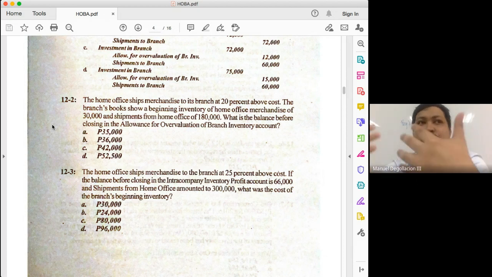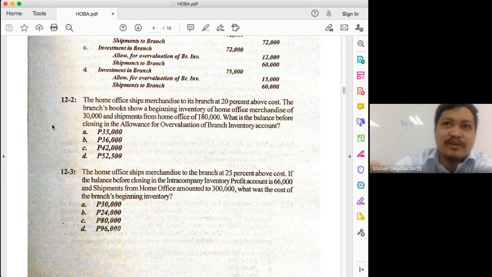You solve for your tigas. Okay, again, how do you solve for tigas? Beginning plus shipments plus purchases. But purchases would not be relevant because purchases does not have any markup. Okay? So, plus pilay beginning inventory, 30. Pilay shipments from home office, 180. So your total goods available for sale for goods coming from the home office is 210.